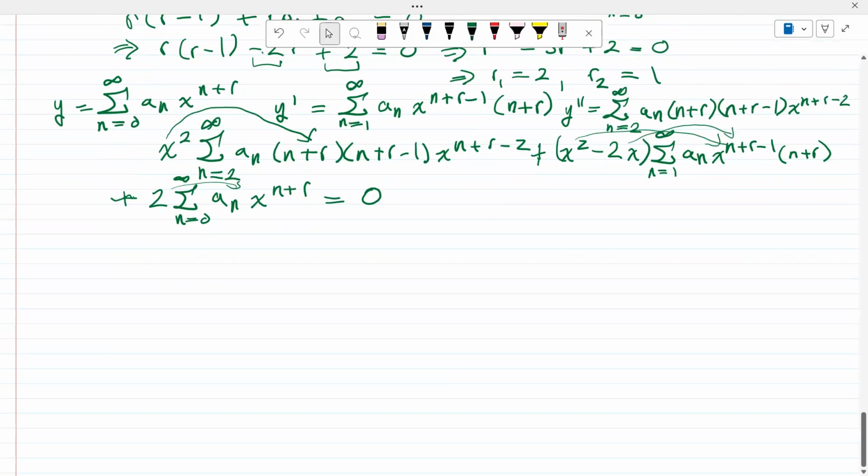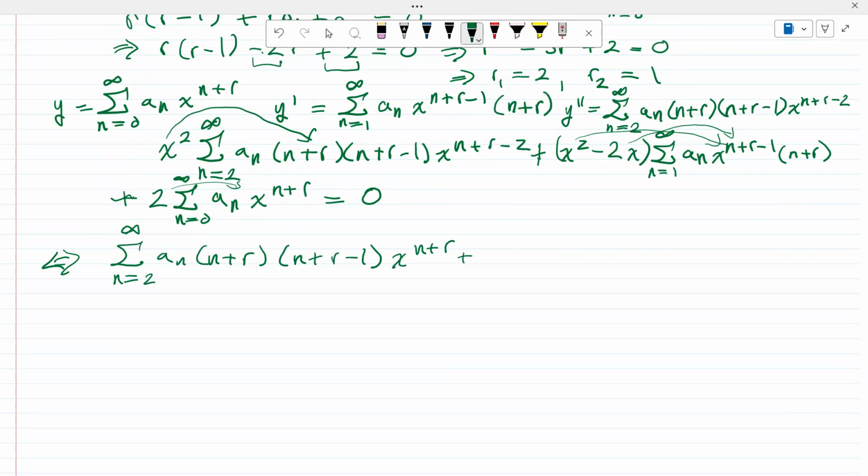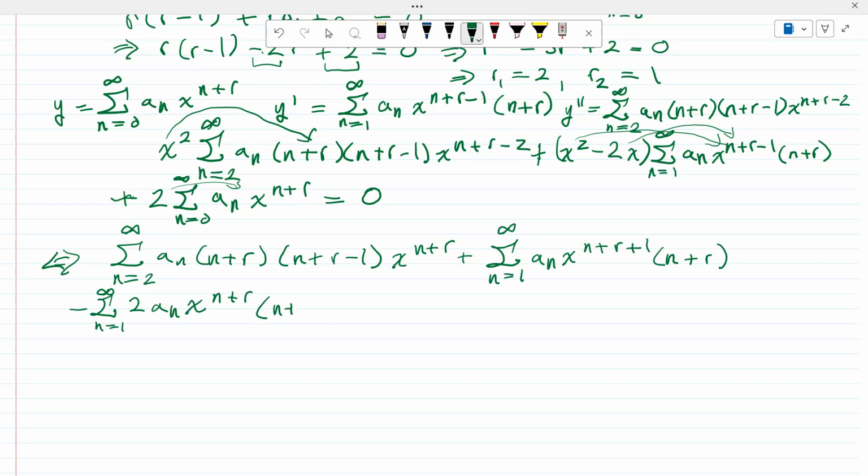This is equivalent to the series from n equals 2 to infinity of an times n plus r times n plus r minus 1 times x to the n plus r, plus the series from n equals 1 to infinity of an x to the n plus r plus 1 times n plus r, minus the series from n equals 1 to infinity times 2 of an x to the n plus r times n plus r, and then all of that plus the series from n equals 0 to infinity of 2an x to the n plus r.